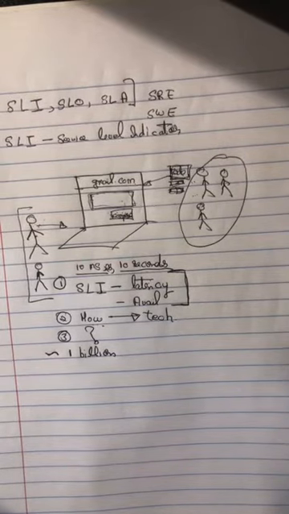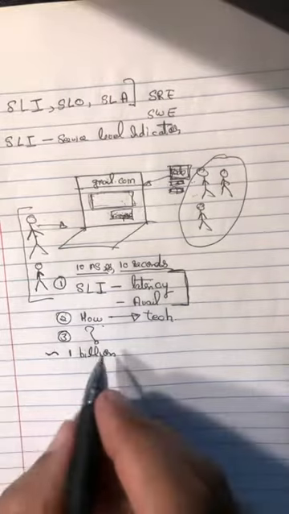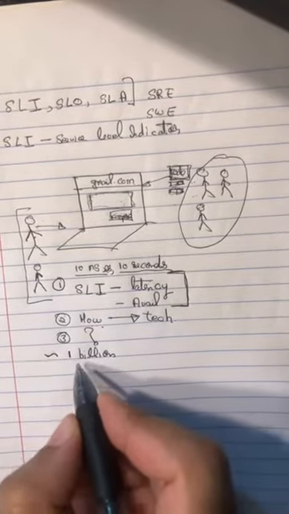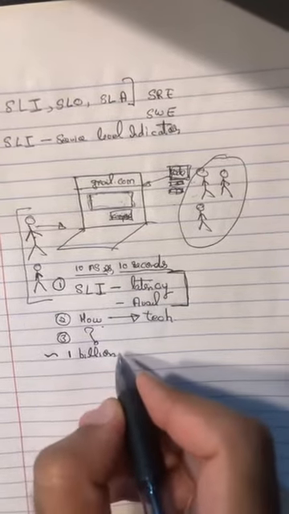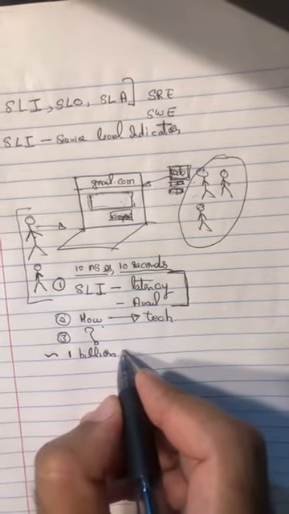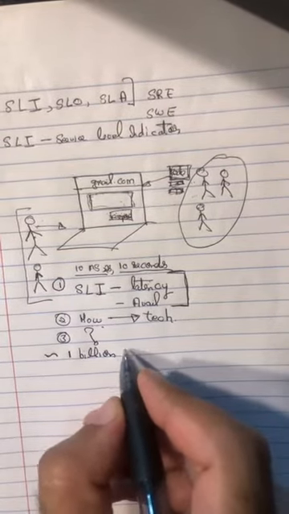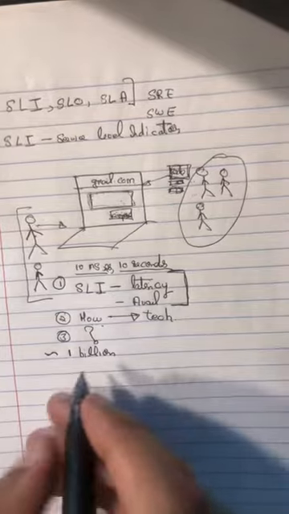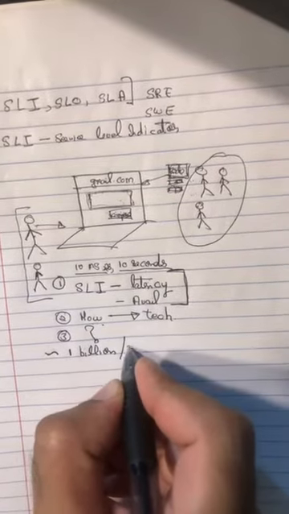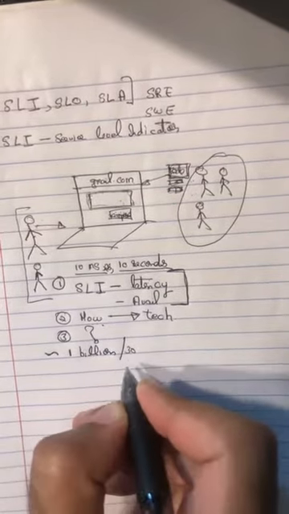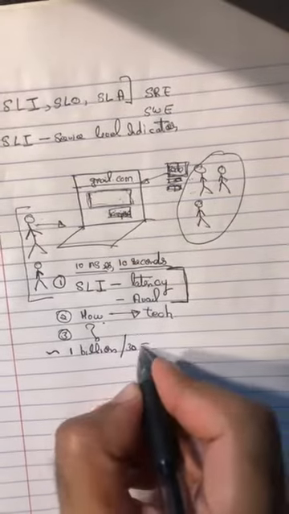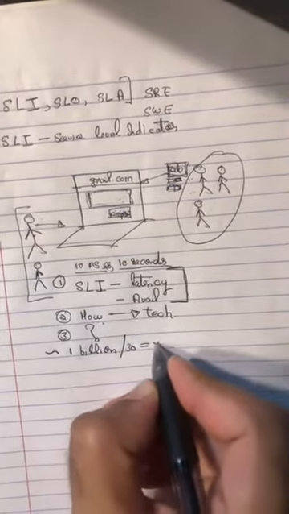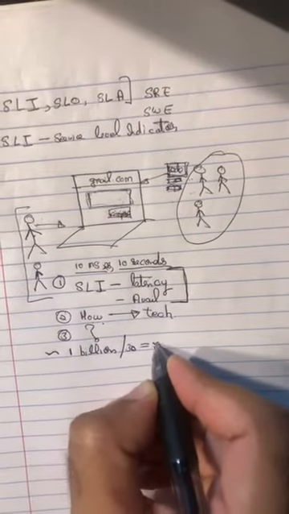Not all 1 billion are using Gmail at the same time, but let's assume 1 billion people are using Gmail over 30 days. On an average, on one day, 1 billion by 30 people are using Gmail, so some X number of people are using Gmail at a particular timestamp.